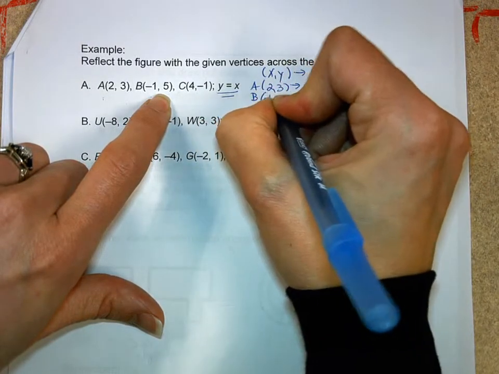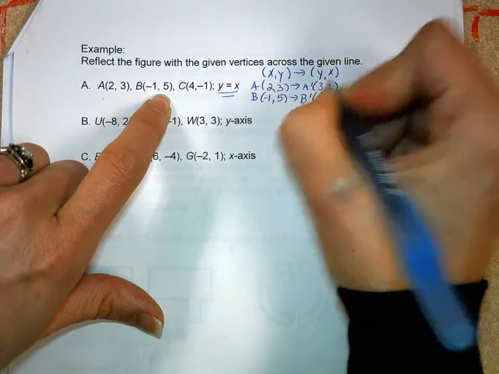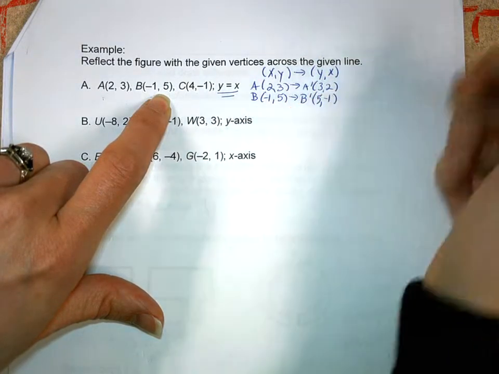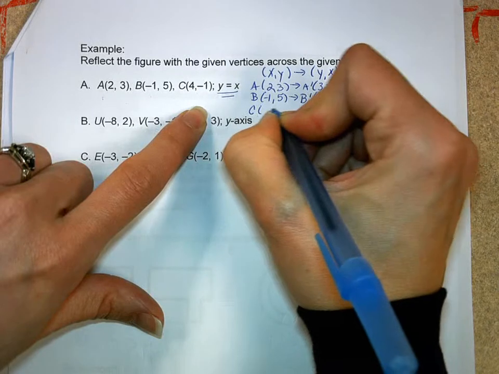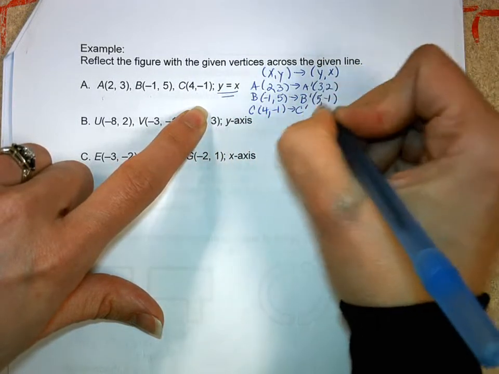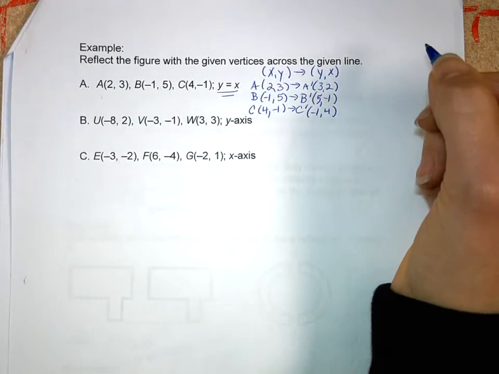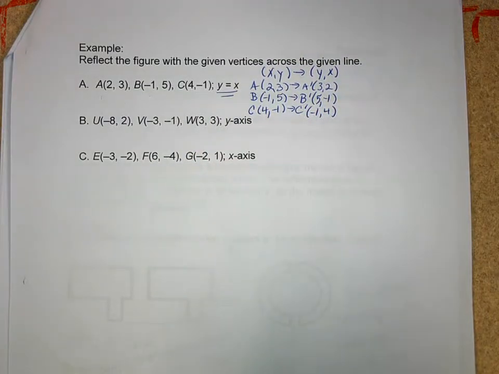B is (-1, 5), and B prime is at (5, -1). C is at (4, -1), which is C prime, at (-1, 4). That's all you have to show for your mapping.